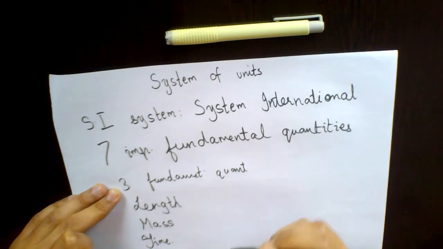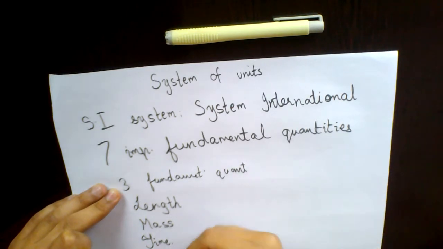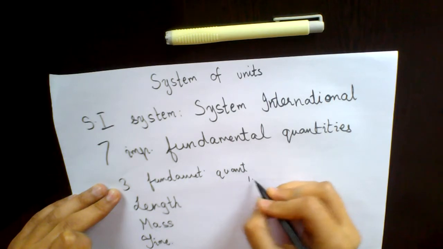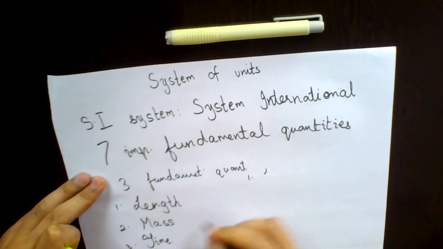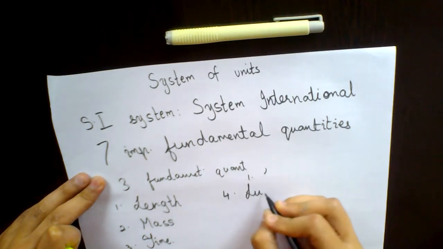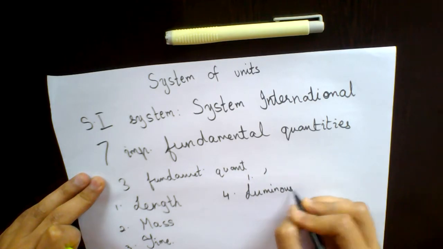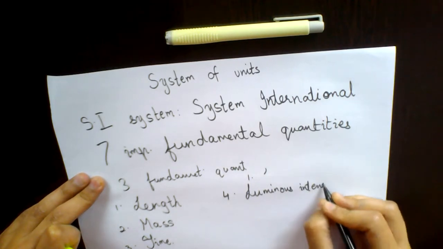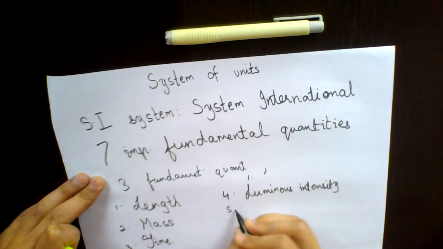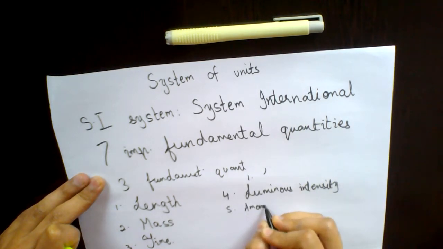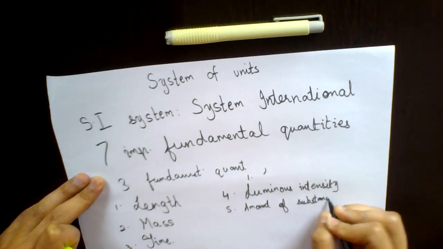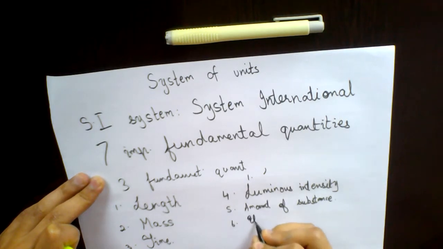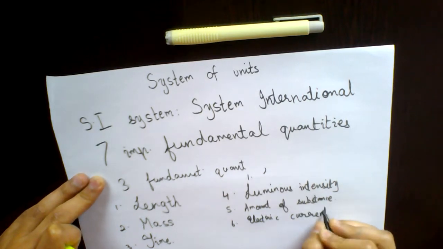But with the passage of time, you had more fundamental quantities: number 1 length, number 2 mass, number 3 time, number 4 luminous intensity, then you have the amount of substance, then you had the electric current, and then you have the temperature.